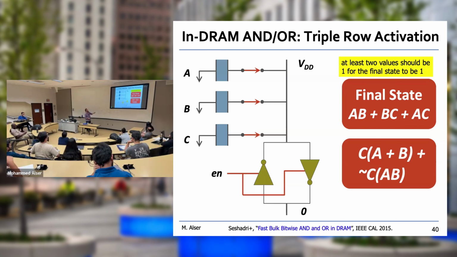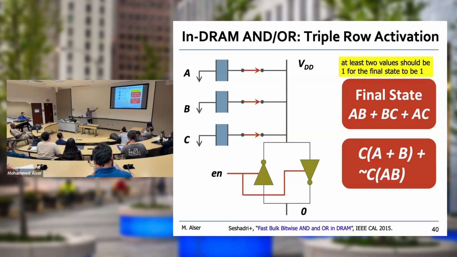Now you can share all the charges, one of them VDD. Now I'm sharing one VDD over 3 capacitors. What will be the value of each capacitor? 1 VDD shared among 3 capacitors is 1 over 3 VDD. Is this less than half or more? Less means it will be 0.